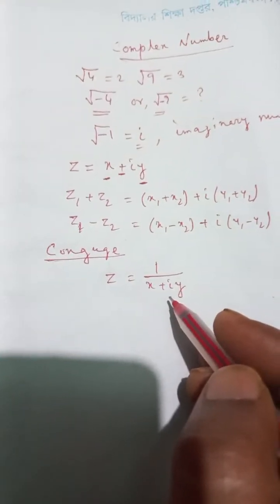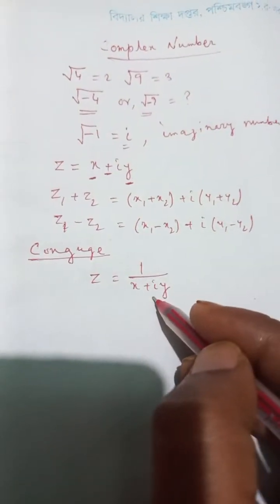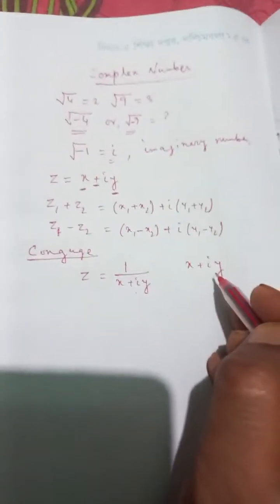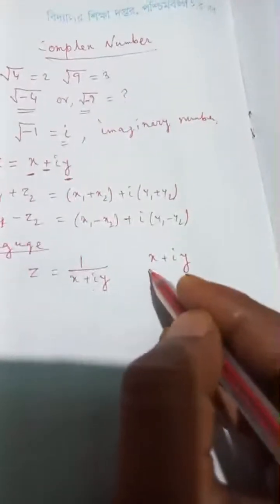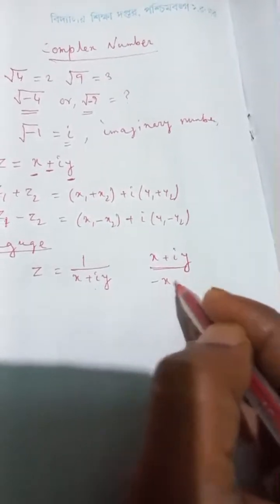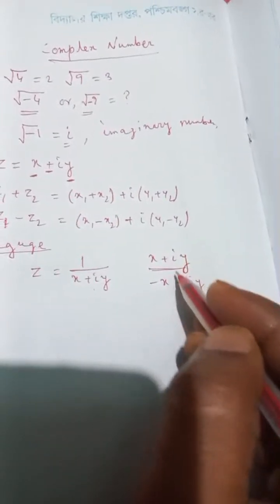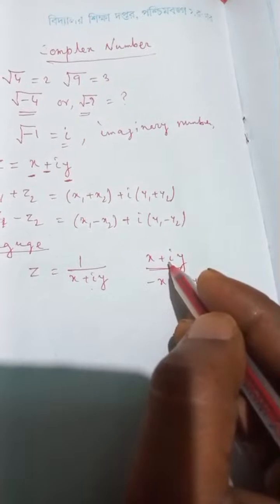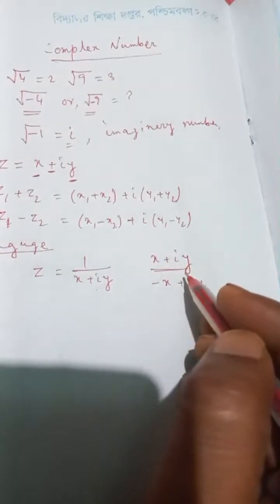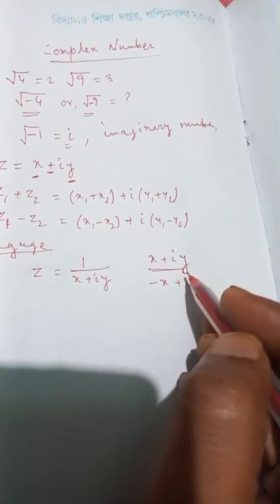For finding the conjugate, if the number is x plus iota y, then its conjugate is x minus iota y, which after multiplication with the original complex number gives a real value, not an imaginary value.